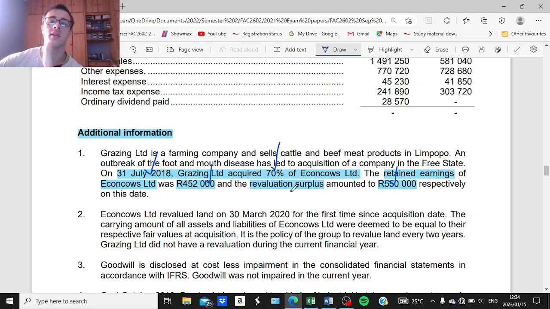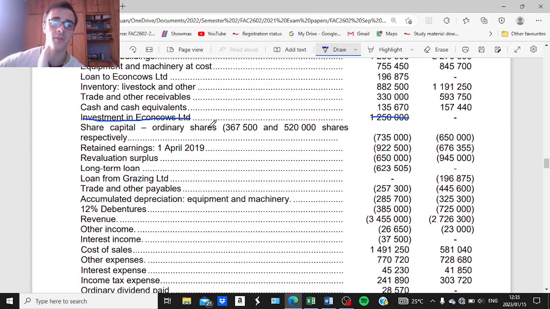Now, for FAC2602, we will assume that there was no change in the ordinary share capital of the subsidiary since the date of acquisition, which means that the year-end balance that is provided for ordinary share capital, which is 650,000, we can take that balance as having been the balance at the date of acquisition, because we assume that there was no change in the ordinary share capital of the subsidiary after the date of acquisition. So the balance at year end was also the balance at acquisition.